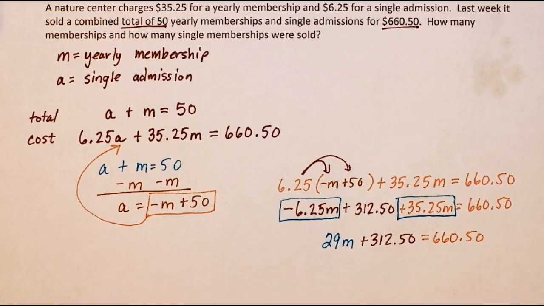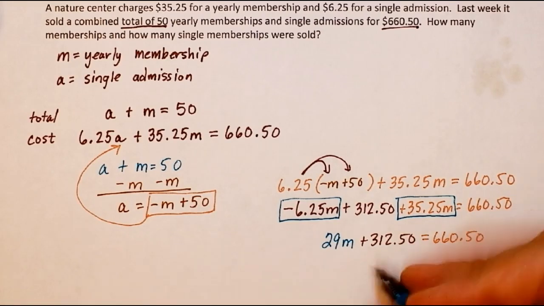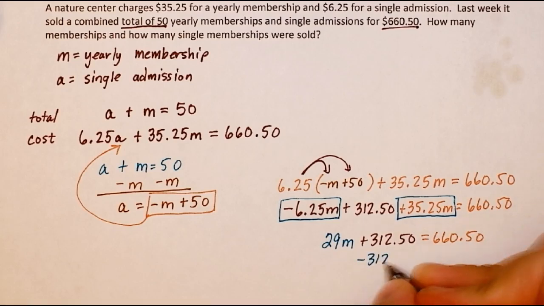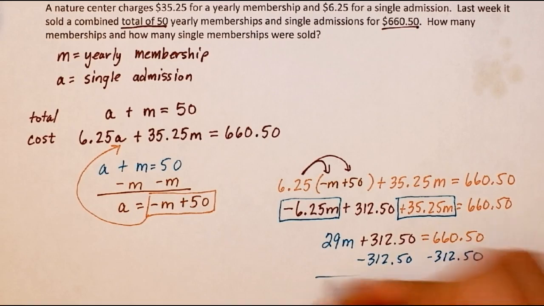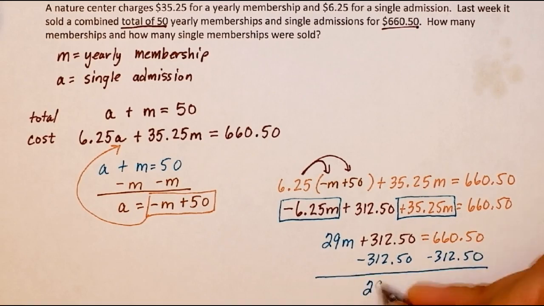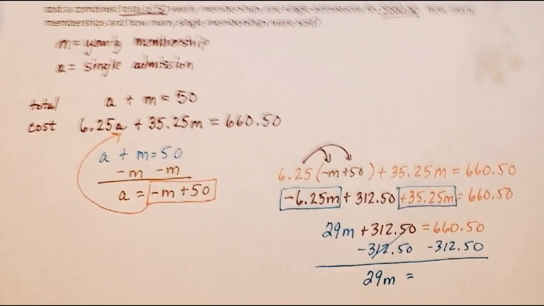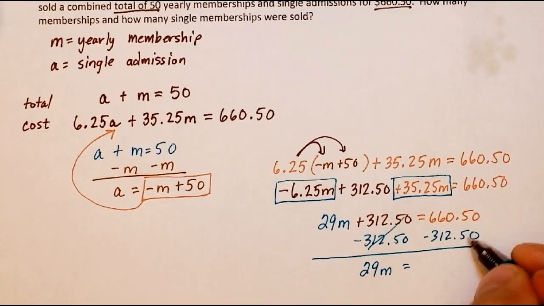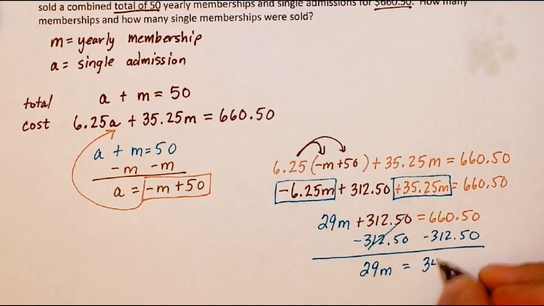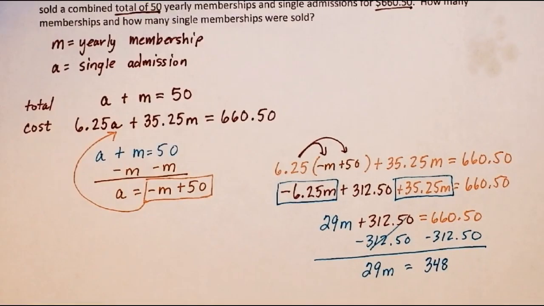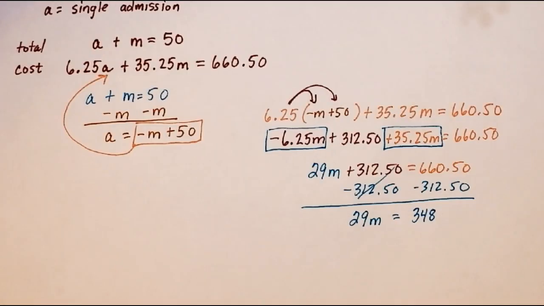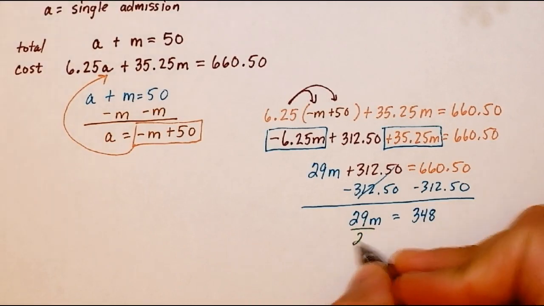And now I want to solve for M, so I'm going to subtract 312.50 from both sides. So I'm left with 29M is equal to, when you subtract this, you get 348.